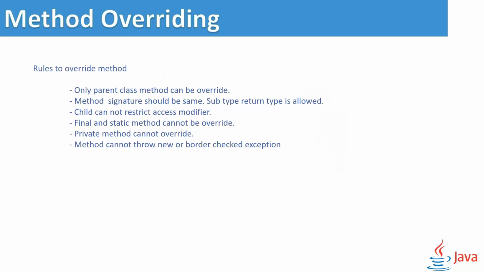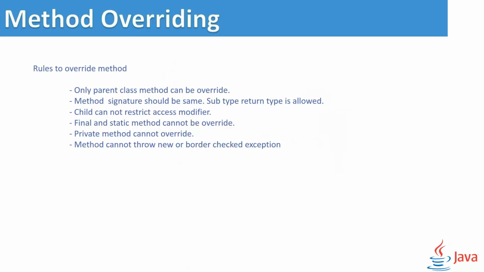Or at compile time itself it will give an error. One more thing I want to add: if a class does not extend any class, in Java, by default, Java makes that class a child of the Object class.